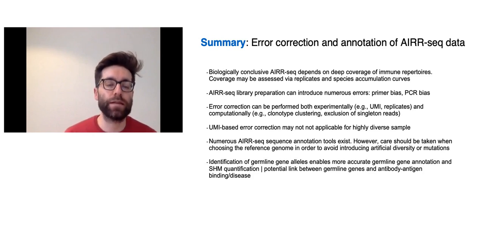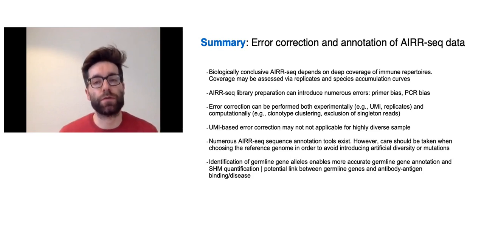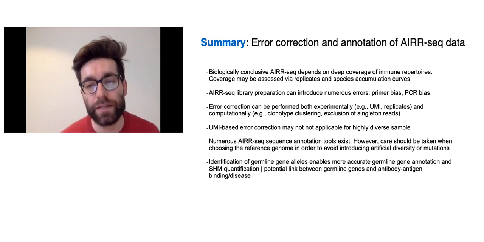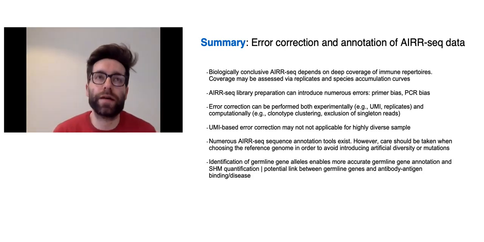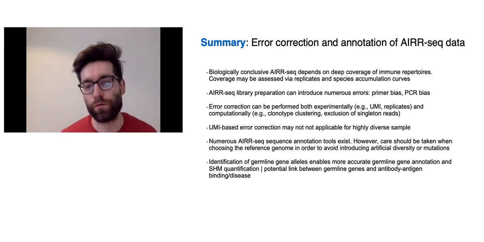Then it's very important to keep in mind that AIRR-seq library preparation can induce numerous errors, such as, for example, primer bias, PCR bias. Primer bias could be, for example, excluded if you use primer-free approaches, such as RACE. But RACE might have other biases, so there's always a pro and con for everything, unfortunately.